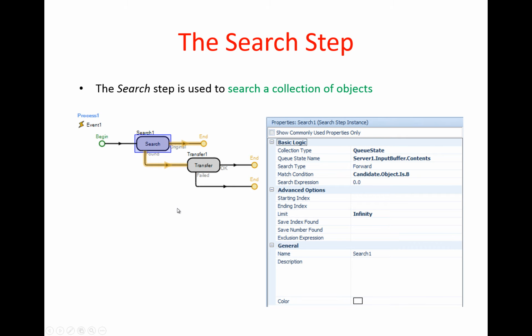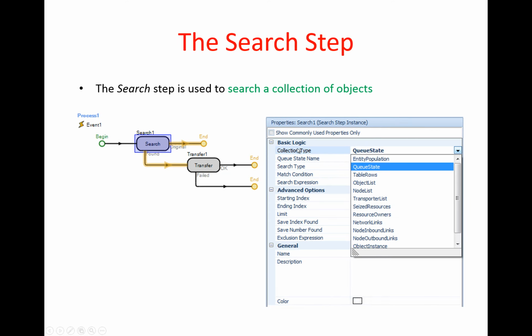And let's have a look at different properties of the search step. So here in this figure you can see all of the properties associated with a search step. So the first property is the collection type, where you specify what is the pool of the objects that you're performing a search on. So you can see we have different options here. We can search in a pool or population of entities.